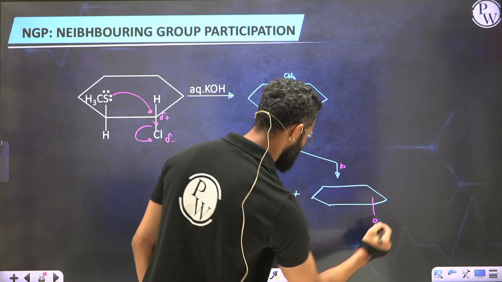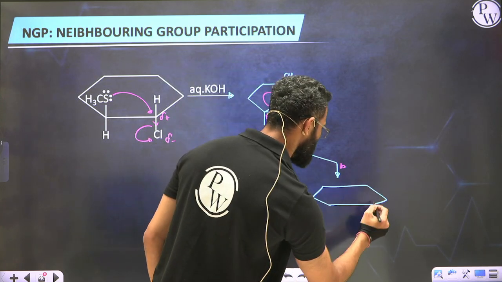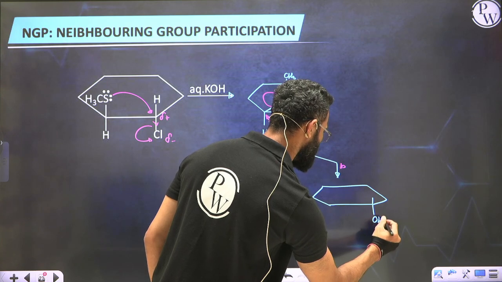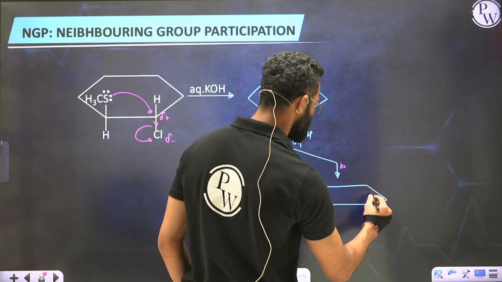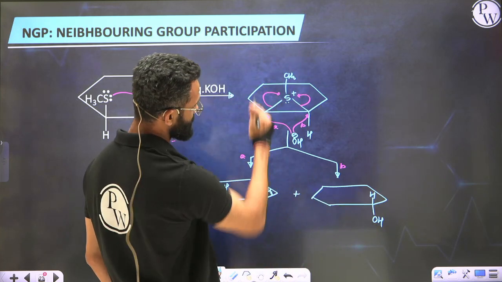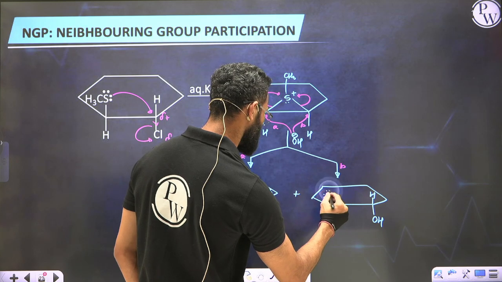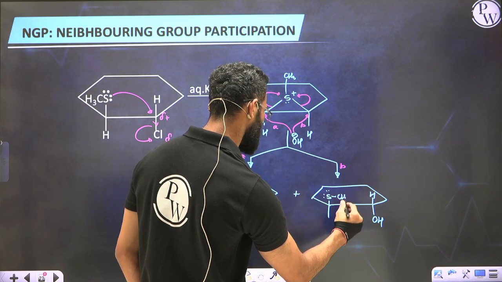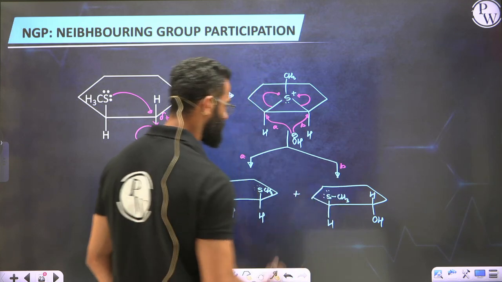So OH, hold on guys, let me change the color. Yes, OH is below the plane, right? H will be flipped up. SCH3 above the plane here. And this H is pointing downward.